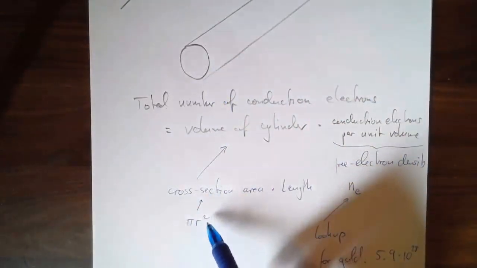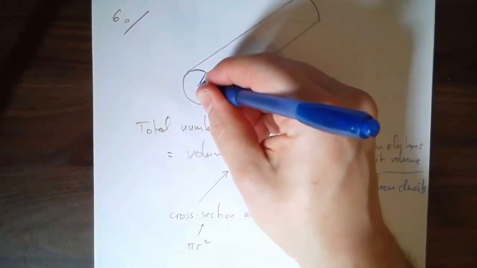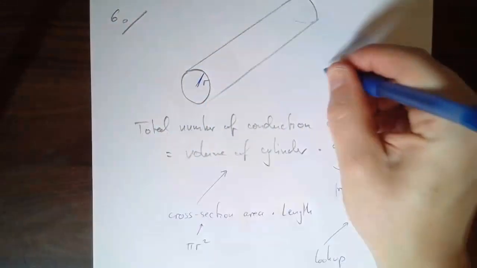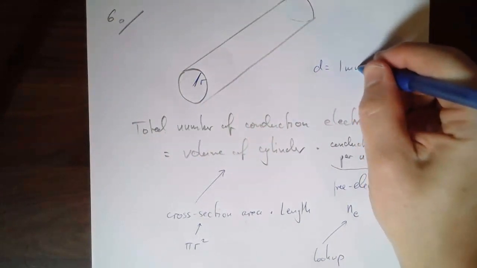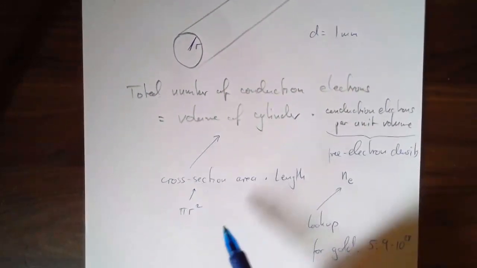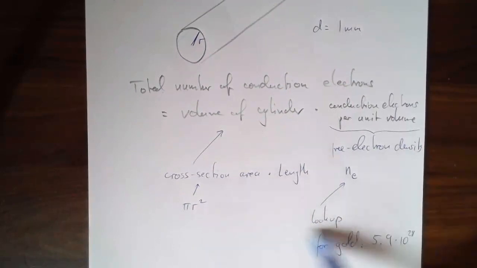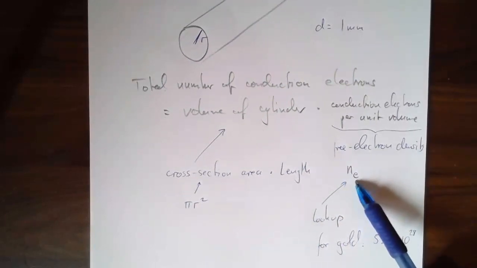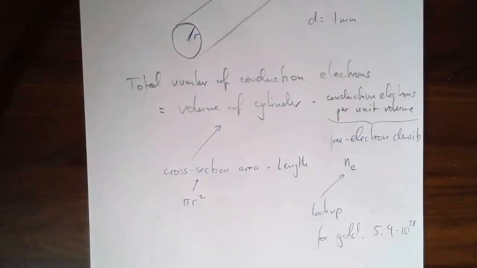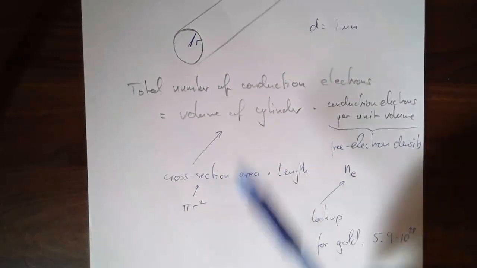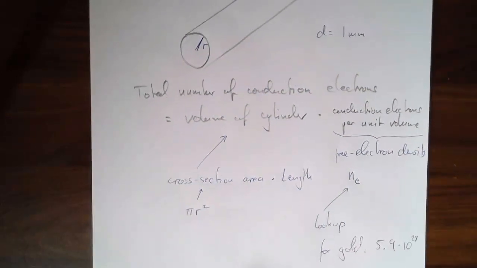The only thing you have to be careful about is that r is the radius, but we are given d, which is 1 millimeter. Of course, the other thing is you have to make sure you convert to meters beforehand, because this is given in number per meter cubed. Alright, that's it. You can figure it out from there. Just fill in the numbers, work it out, and you're going to get the total number of electrons.